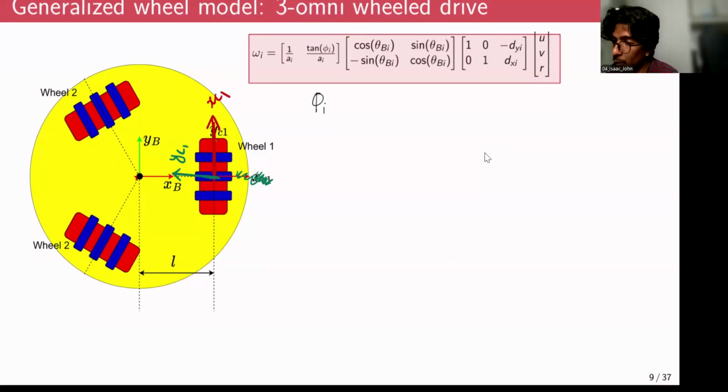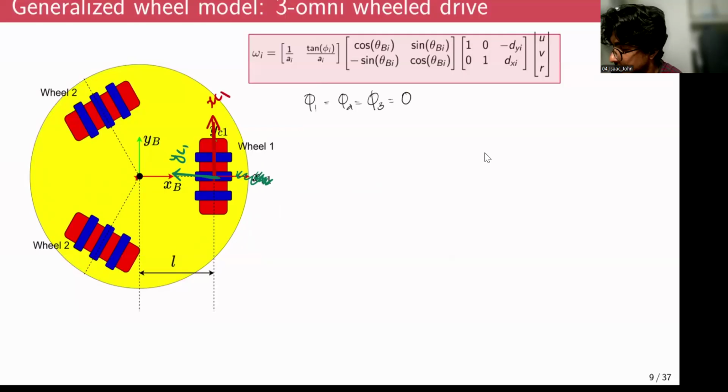If you can recall, phi 1 is basically the angle that these passive rollers make with respect to the YCi axis, right? But in this case, the passive rollers are aligned with respect to YC1. Their relative orientation is basically 0. They are aligned. So phi 1 is going to be 0. And it's actually the same for all the frames. So phi 1, phi 2, and phi 3, they're all going to be 0.